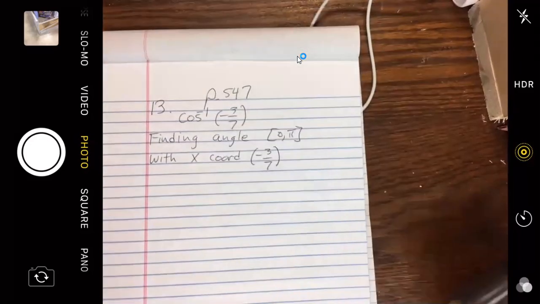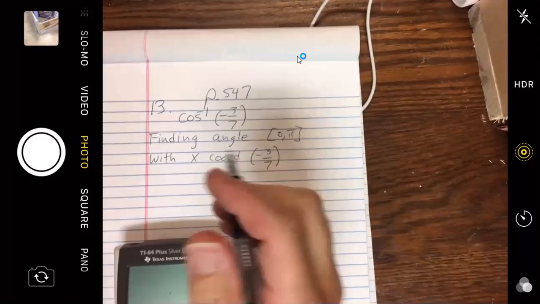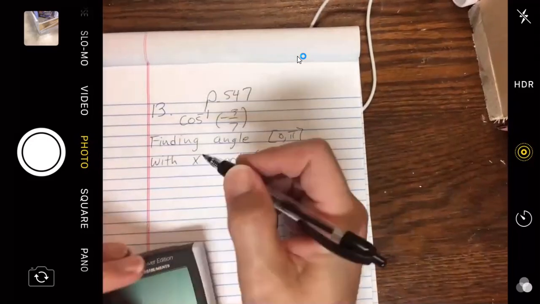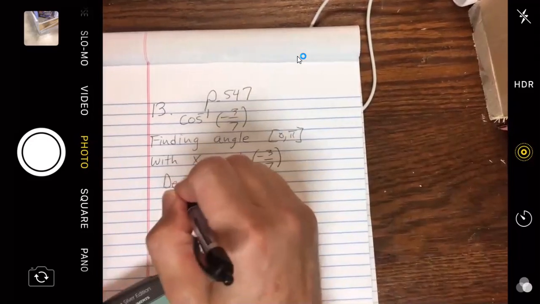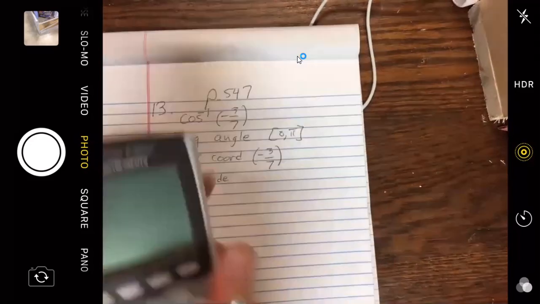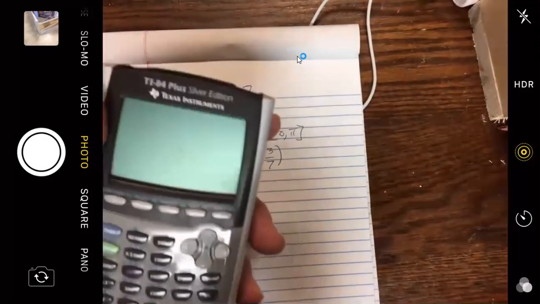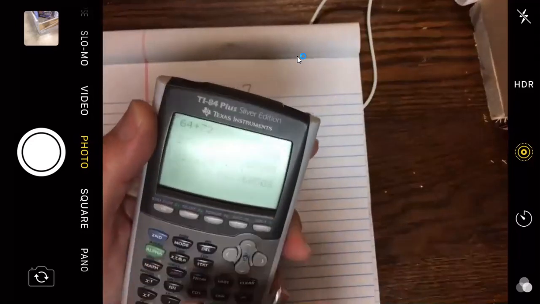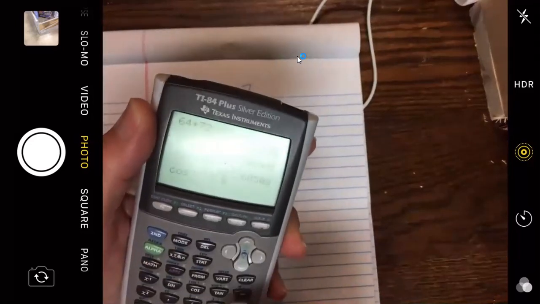So we can do this in radian mode or degree mode. Maybe we'll do it in degree mode. So we literally punch it in, -3 divided by 7.